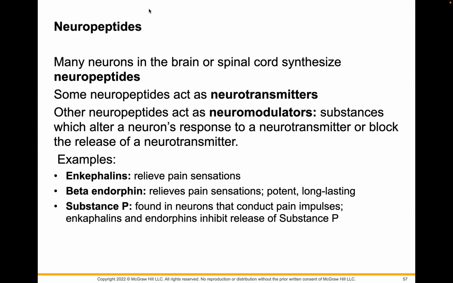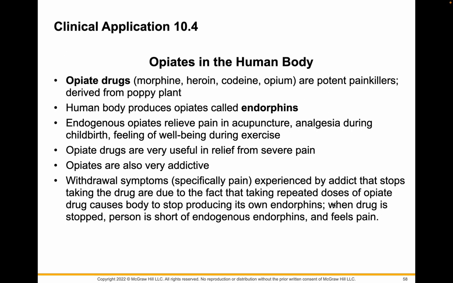So many neurons in the brain and spinal cord make neuropeptides, and they can act as neurotransmitters. Not going to test you on this slide at all. But opiate drugs like morphine, heroin, codeine are all potential painkillers, and they're made from the poppy plant.